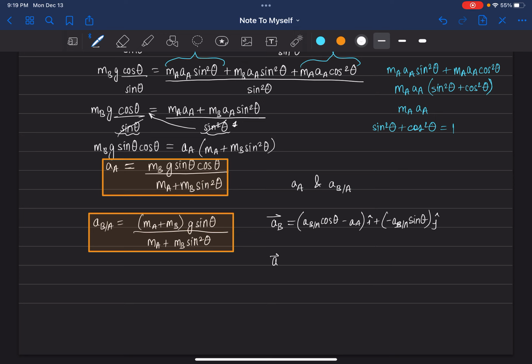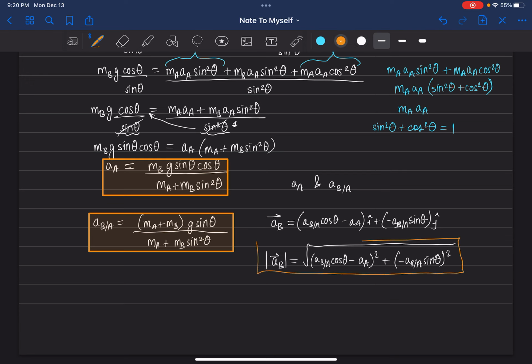But if I want to find the magnitude of a of b, I basically take the square of the x component and then the square of the y component, and that would give me the magnitude of a of b, right? And that is pretty much the fully solved equations for this problem.